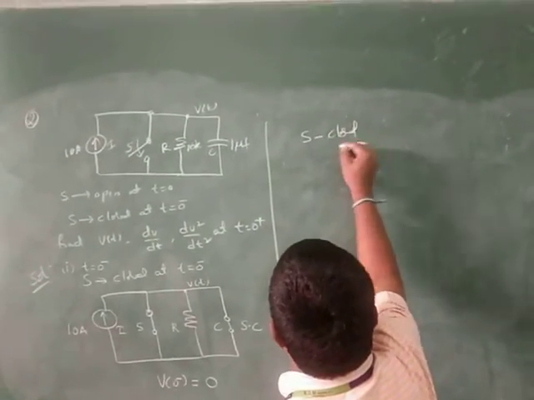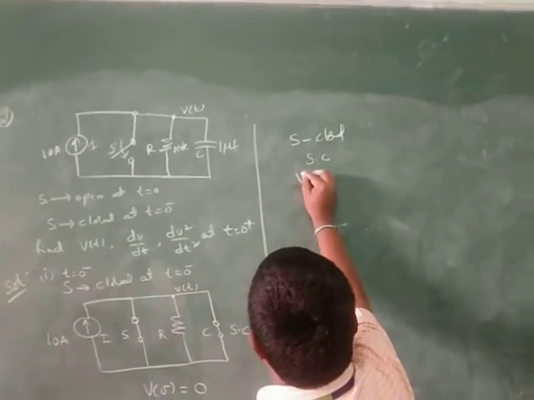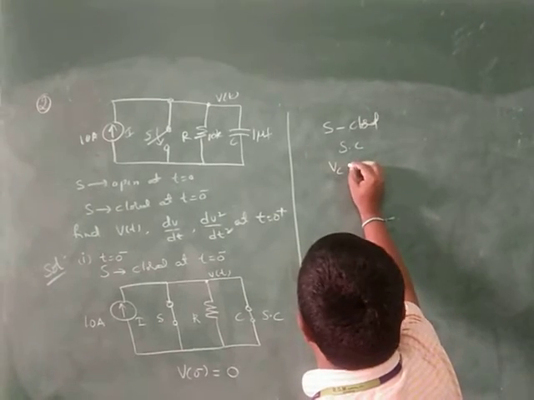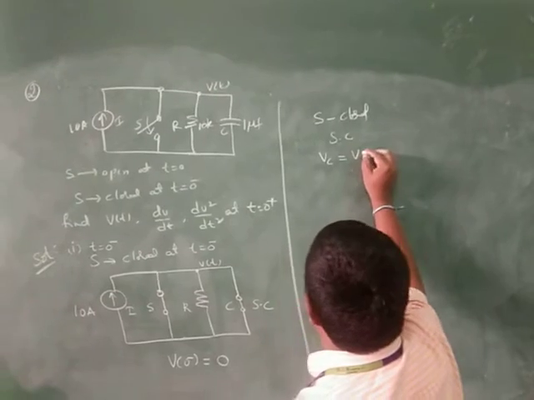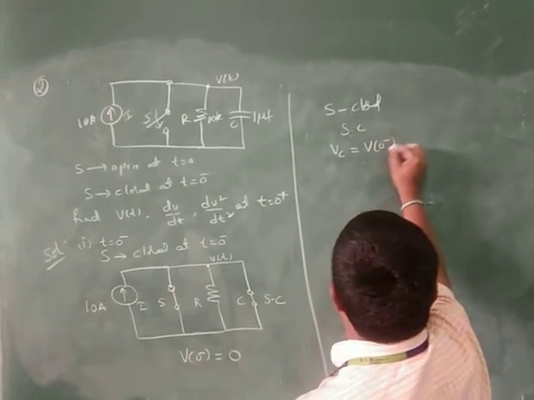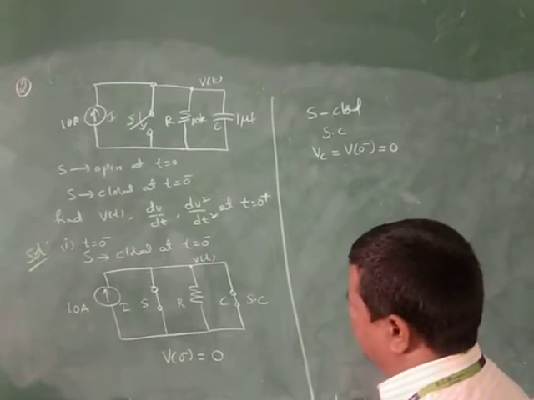When S is closed, it is a short circuit, then the voltage across capacitor VC, which is also equivalent to the output voltage, v(0-), is equal to 0. That is the first case.